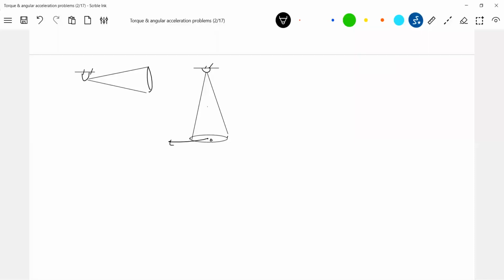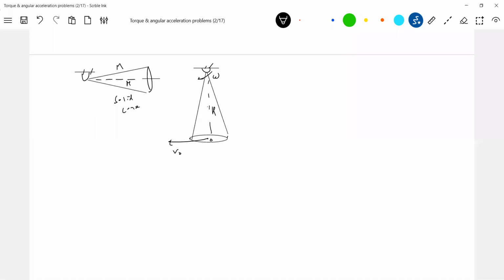So how much linear velocity will it have? It will have angular velocity omega, then h. So what is the equation you can write? There's a solid cone of height h and mass m. I want the velocity of point O.